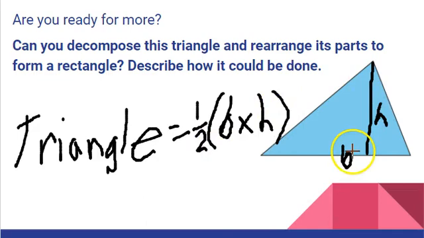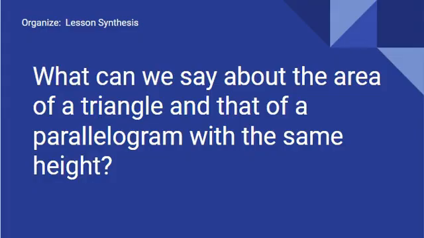If I know the height and the base of a triangle, I can use that to give me the whole area of that triangle. But I have to take it in half because remember, 2 of those together made a parallelogram. But if I can just do it in half, then I can just do it by the triangle and not have to draw the other piece. So what can we say about the area of a triangle compared to a parallelogram that's the same height? It's half, right?